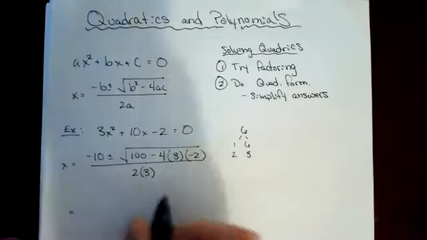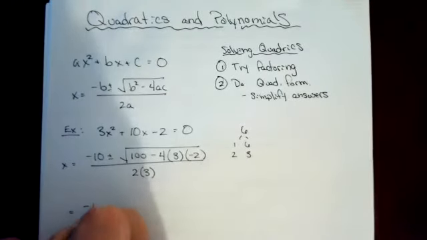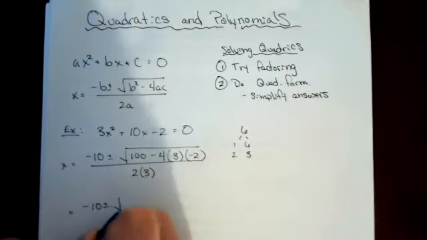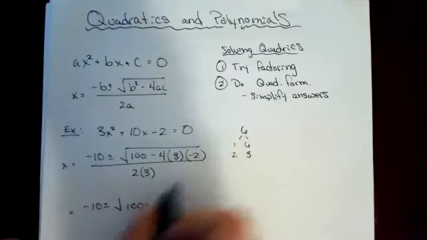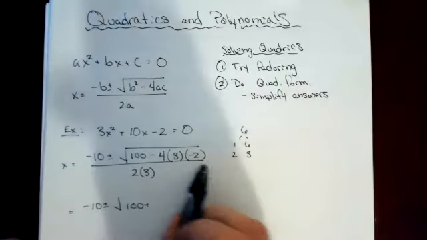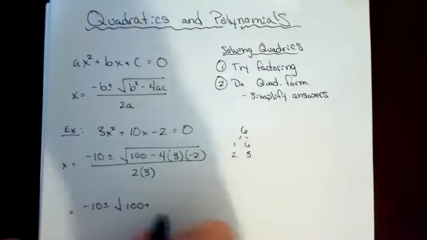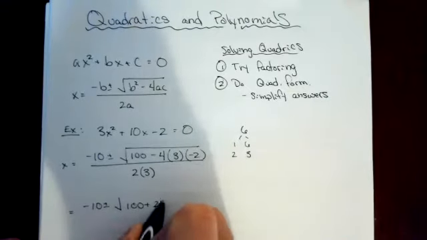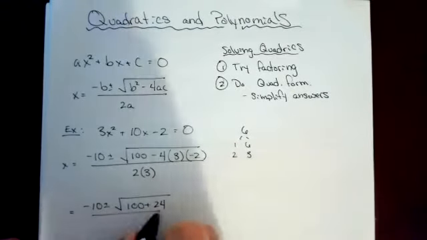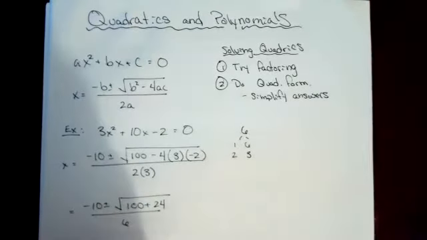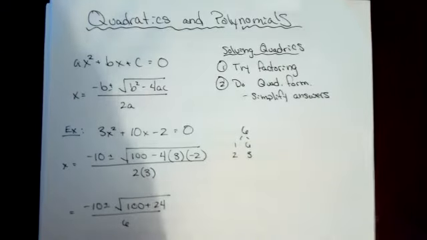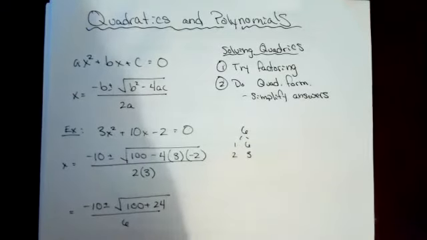And now we just have to simplify it. So we'll have 100. That negative will make it a plus. 4 times 3 times 2 gives us 24. All over 6, which is negative 10 plus or minus the square root of 124 all over 6.